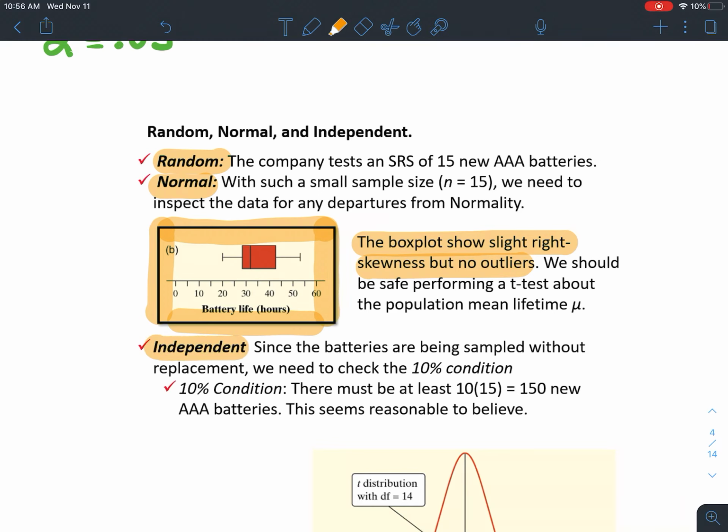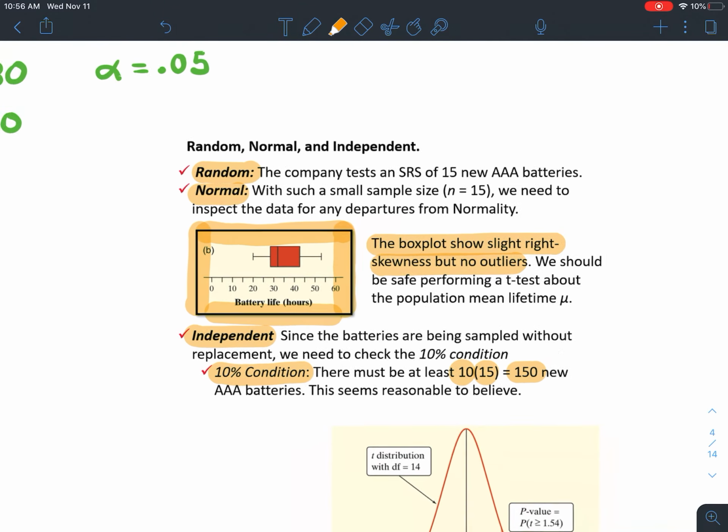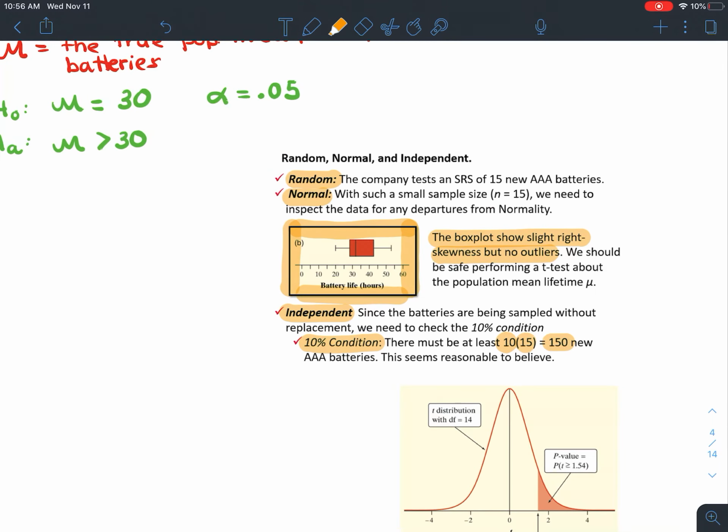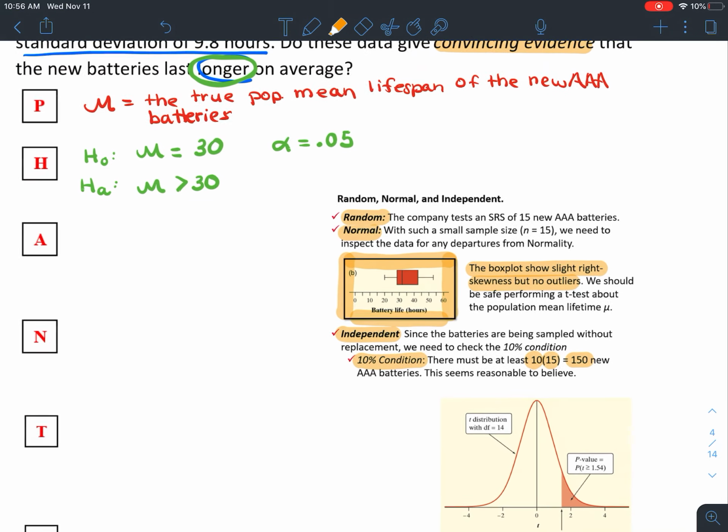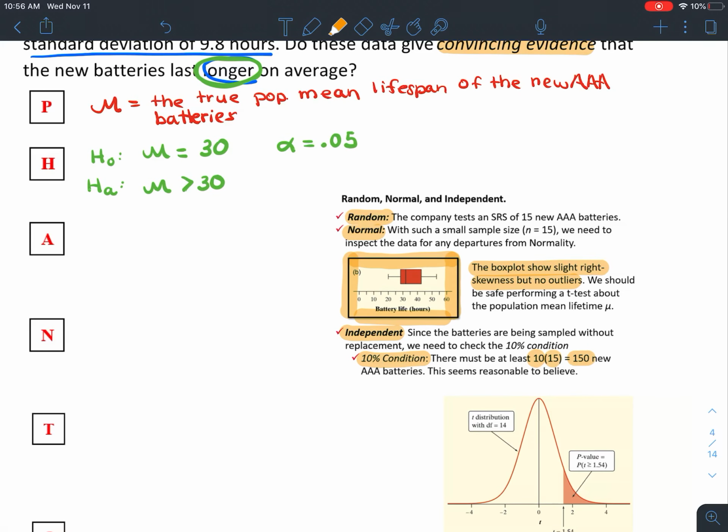Okay, and then the last condition is that independence condition. As we know, the 10% condition, 10 times our sample size comes out to be 150. We need to make sure that it's reasonable that 150 is less than or equal to all of the new batteries that they would have, and obviously that feels very reasonable here. Okay, so that meets the assumption condition.